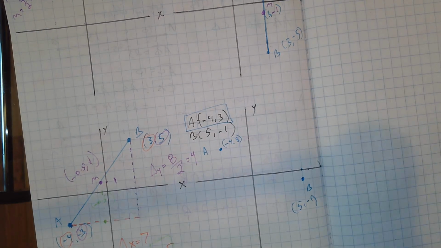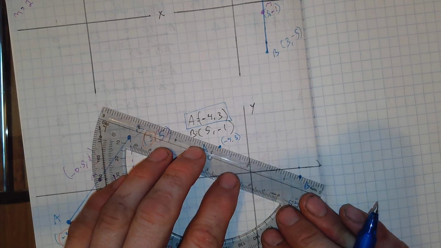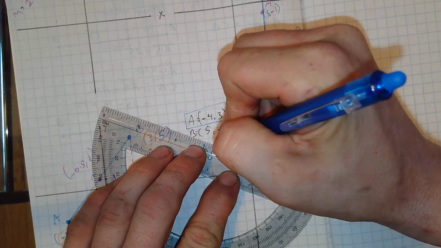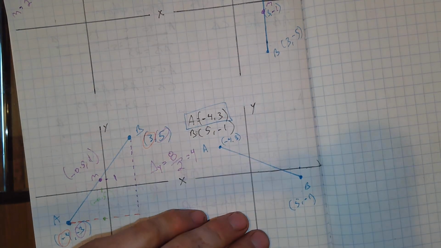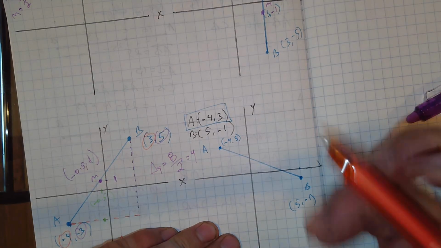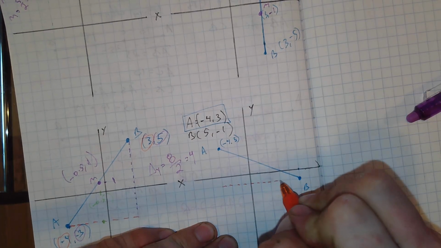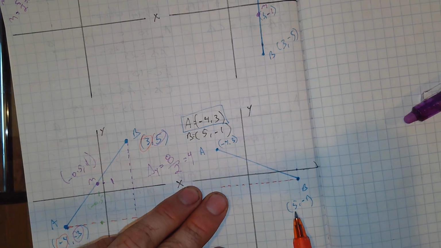Then I can draw a little line between these, evaluate the change in x and the change in y, divide by 2, and put the point right in between. I did x last time as orange, so I'll do it again this time as orange. My change in x goes from -4 to 5.